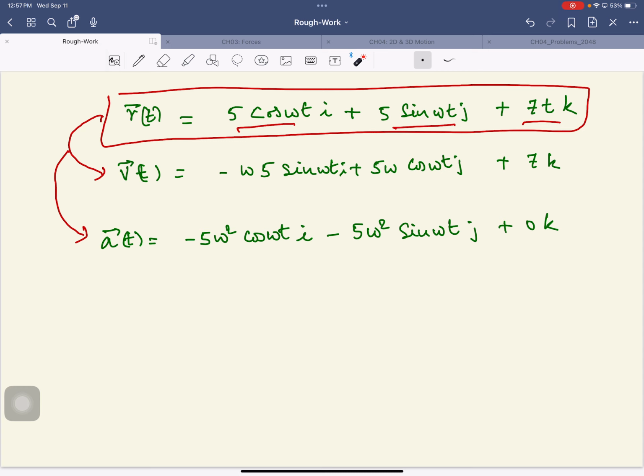Now, we're going to consider a special motion, a motion under the influence of gravity alone. And this motion occurs in two dimensions.